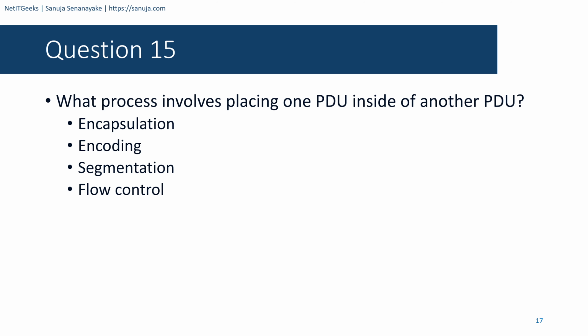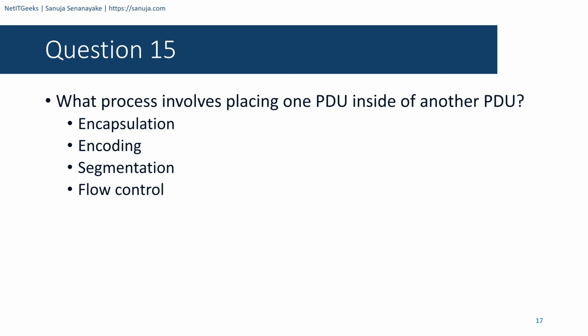Like I mentioned, if you don't understand how those models work, just memorize this particular concept. Basically, when a message is placed inside of another message, it is known as what? That's what the question is asking. When a message is placed inside another message, what do we call it? Like on a network, what do we call it when we take a piece of information or message and put it inside another message?